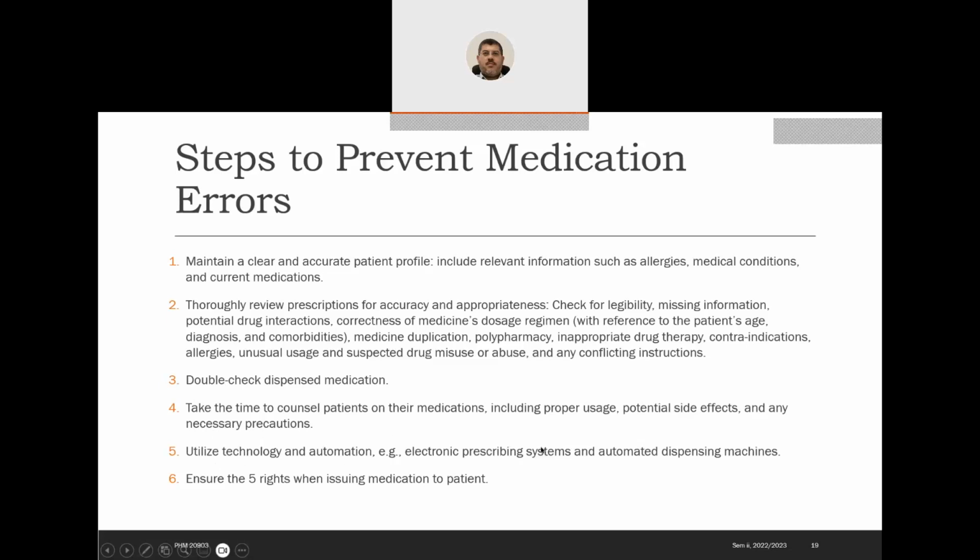It can help using electronic prescribing systems and automated dispensing machines. Electronic prescribing systems themselves also have built-in functions. They can screen for drug-drug interactions, drug-disease interactions, inappropriate doses, and other drug-related problems.